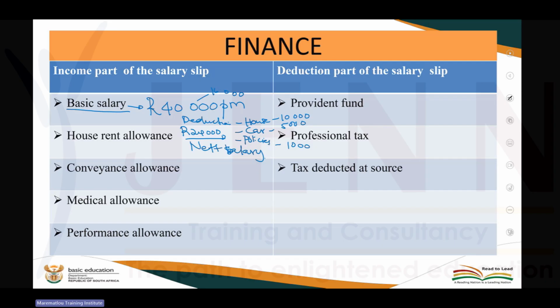It's a net amount, what you find after deduction. To explain that 40,000, we can also call it a gross income. So there can be a lot of deductions under the salary.